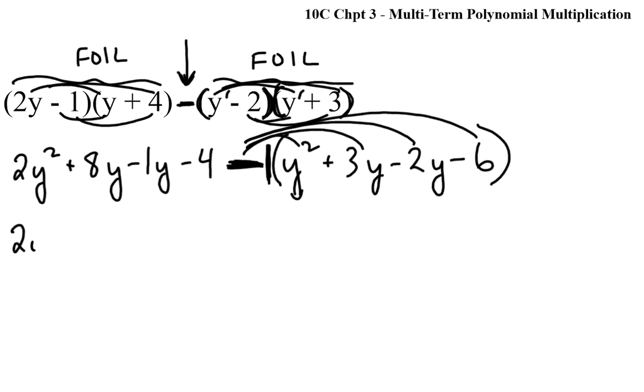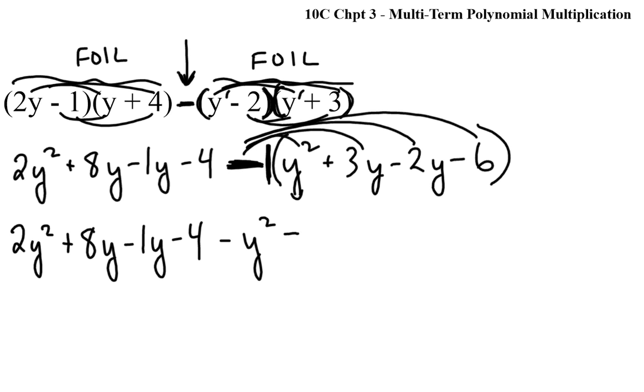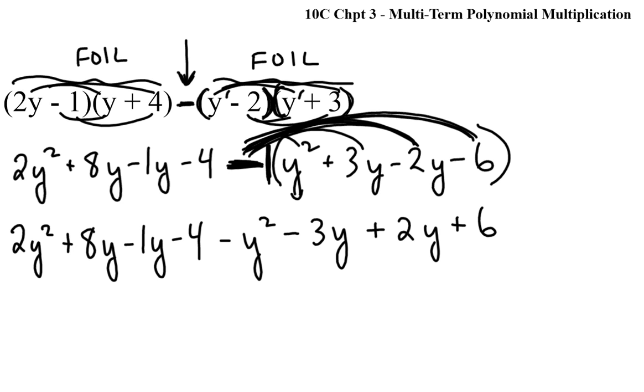So we still have 2y squared plus 8y minus 1y minus 4, minus y squared minus 3y plus 2y, because negative 1 times negative 2 is a positive 2y, and negative 1 times negative 6 is a positive 6. Watch your signs when distributing the negative.